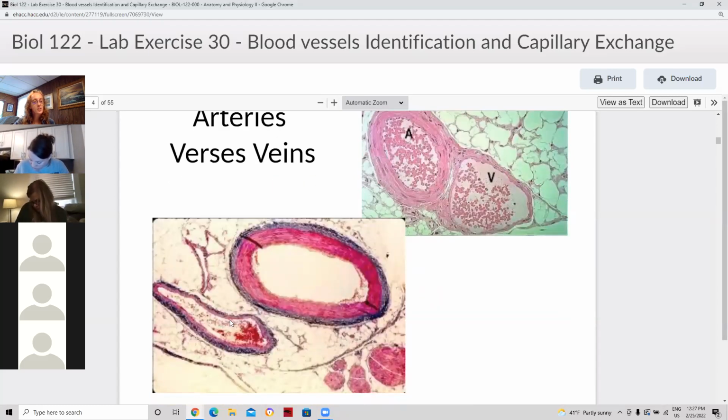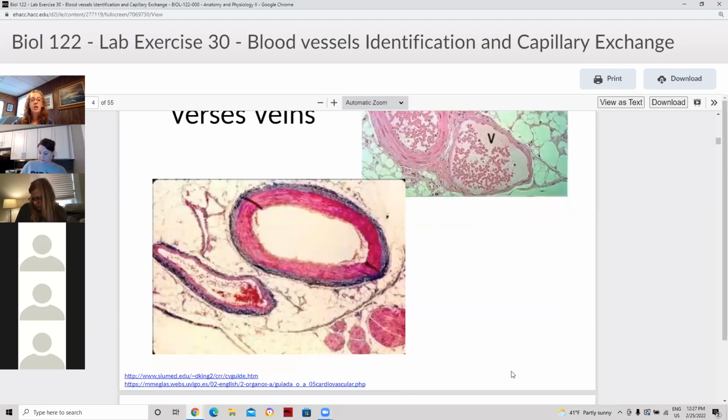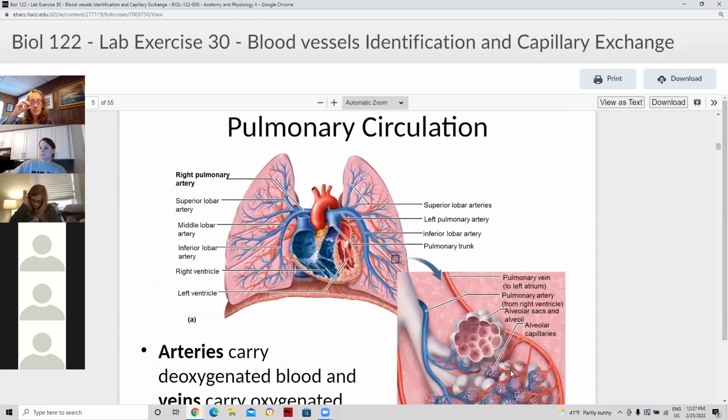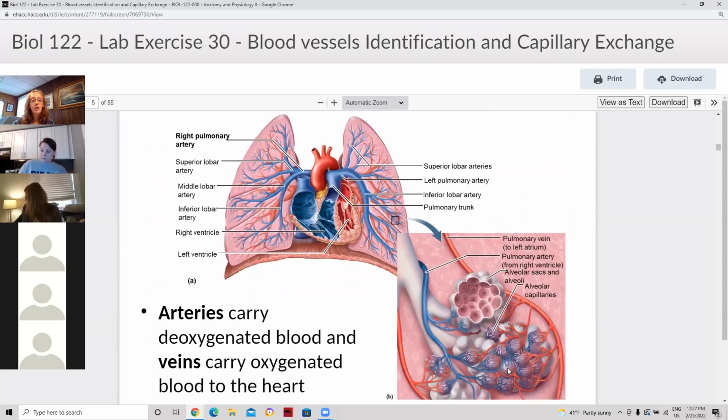They just don't maintain their shape as well because they don't have as much elasticity and they don't have as much muscle.